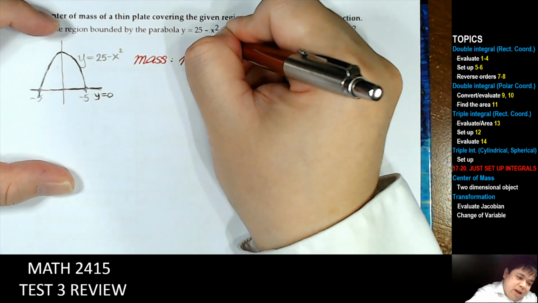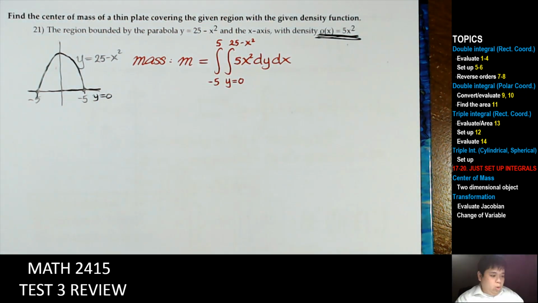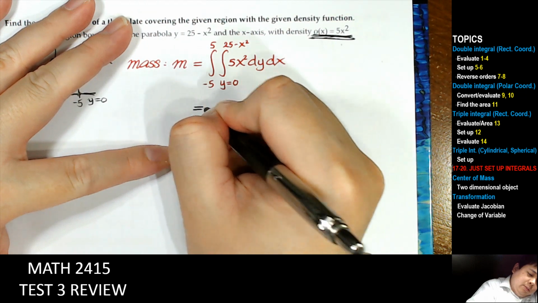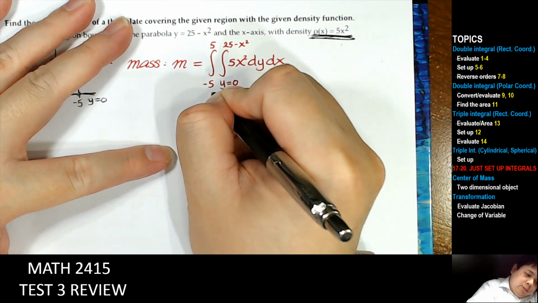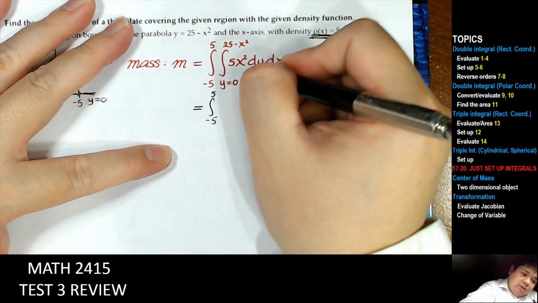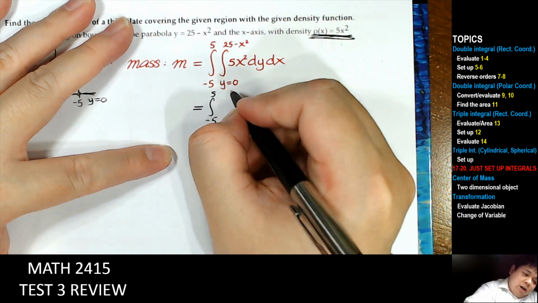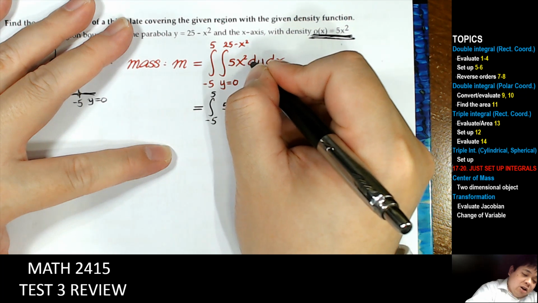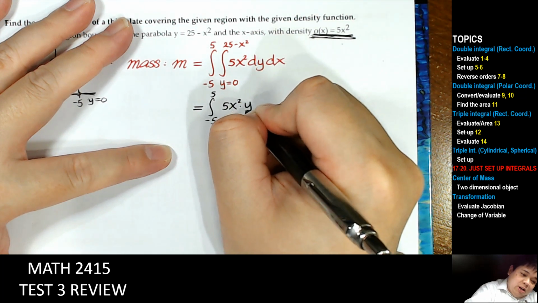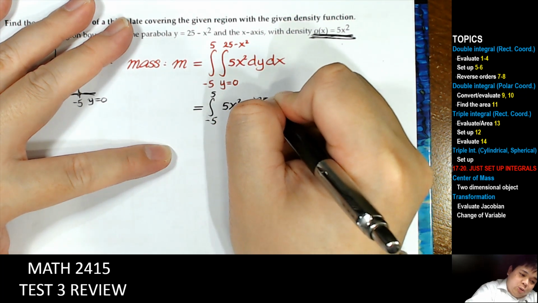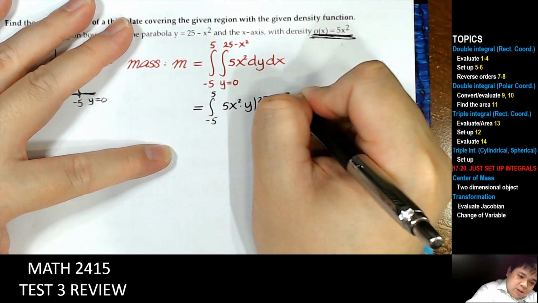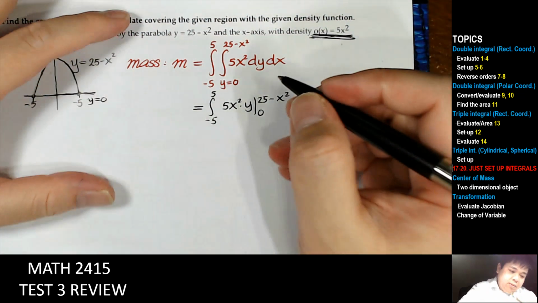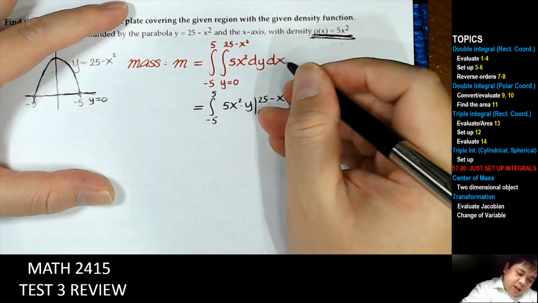So that gives us the mass. Let's just do this quickly. Now we do the inside first. Integral with respect to y. So we have 5x squared, which is a constant with respect to y. So we just have y from 0 to 25 minus x squared. Just dx.